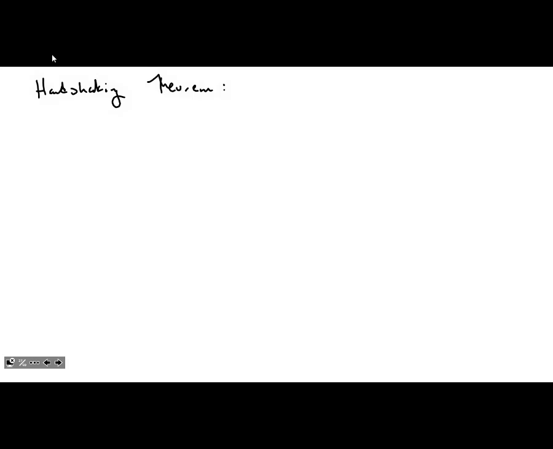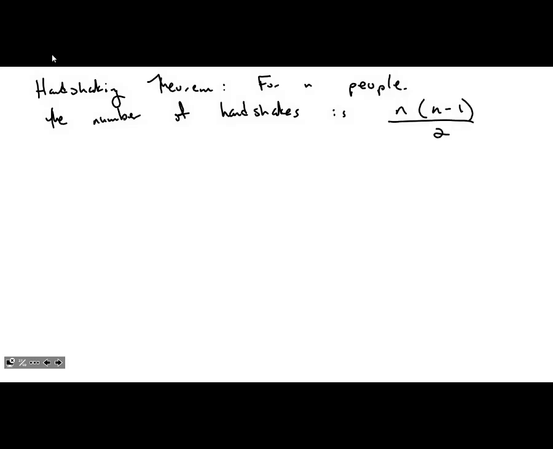So, for lack of a better statement, for n people the number of handshakes is n times n minus 1 over 2.